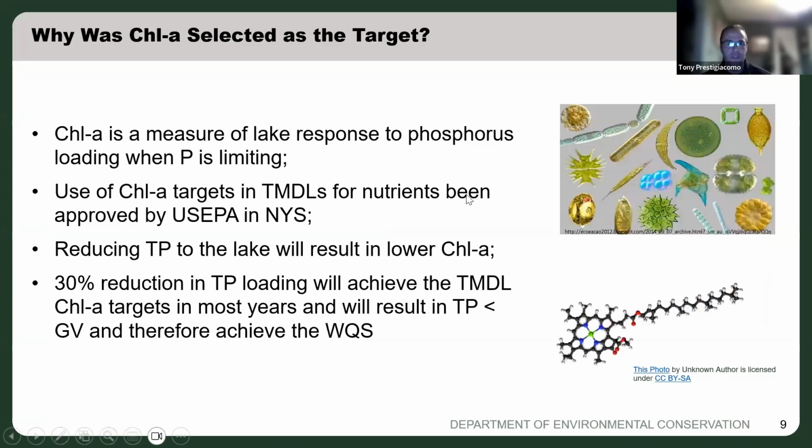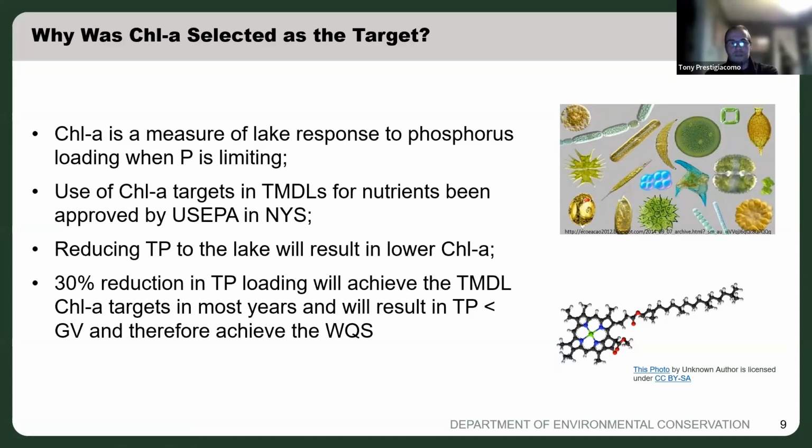So what were the targets? We went with a chlorophyll A target for the lake instead of a phosphorus target. Chlorophyll A is a measure of lake response to phosphorus loading when phosphorus is limiting, which it is in Cayuga Lake. The reason we go with a chlorophyll A target in lakes is that it usually is a response variable of interest.